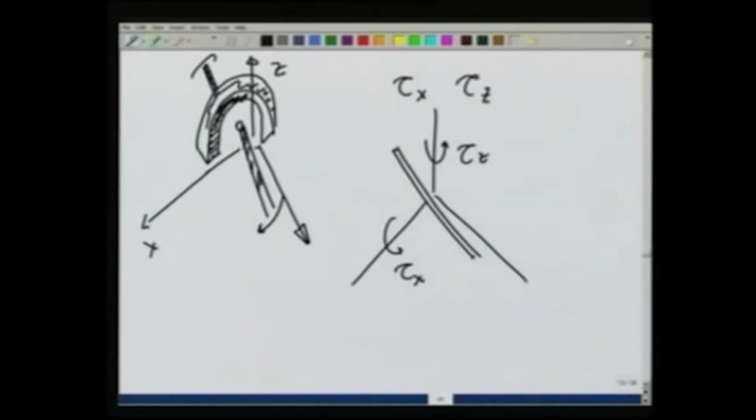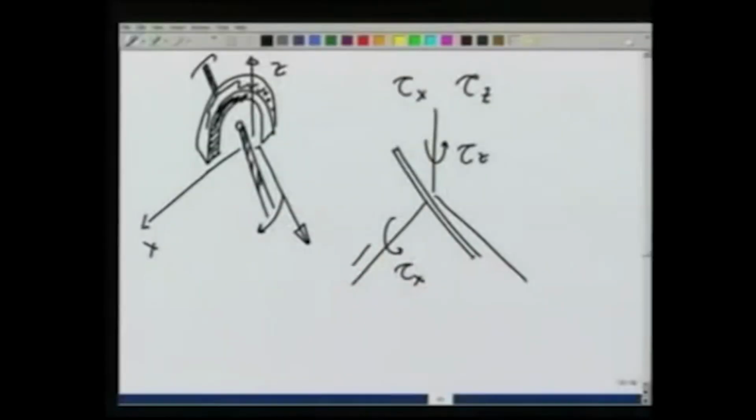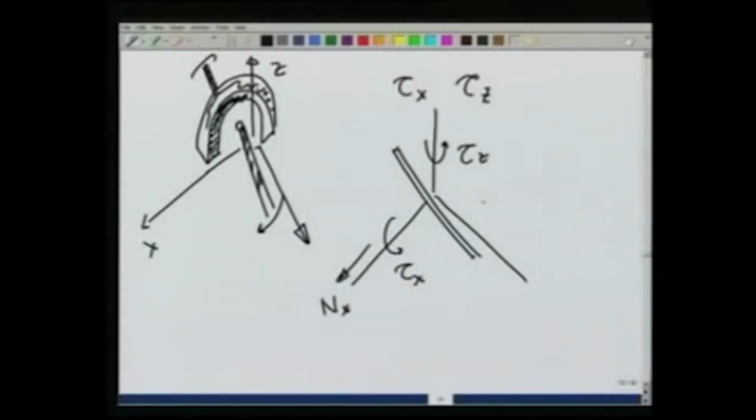On the other hand, I cannot push it along the x direction, and therefore, it gives me a normal reaction along the x axis. I cannot push it along the z direction. So, it gives me a force in the z direction.